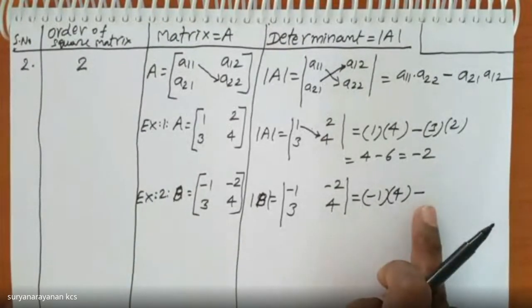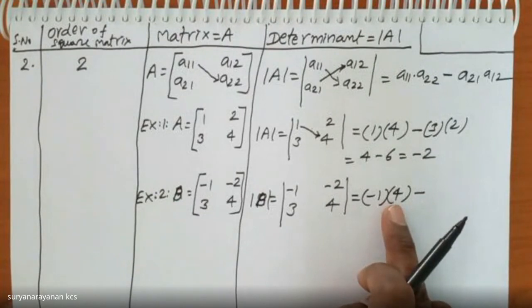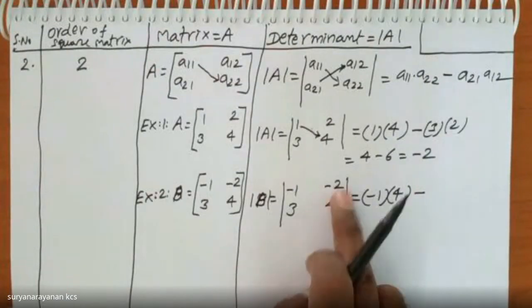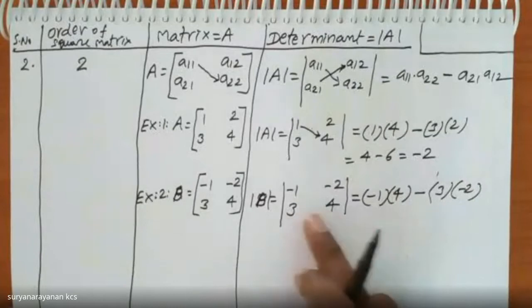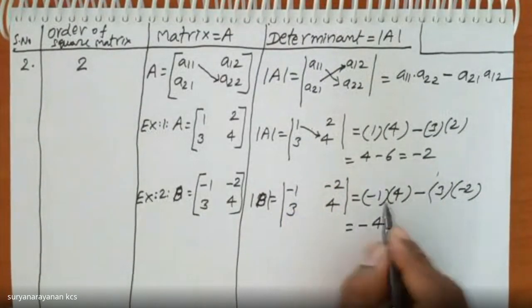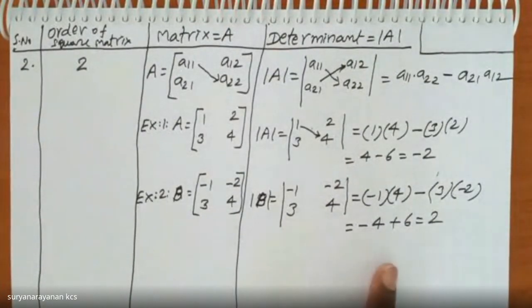Remember this point: this is the first term. After completing the first term, immediately write the minus sign. Next, 3 into minus 2. So what will you get? Minus 4 plus 6. So this is the determinant of the matrix B. Understood this one? Yes, sir.